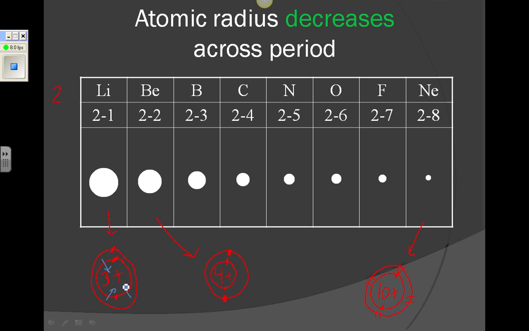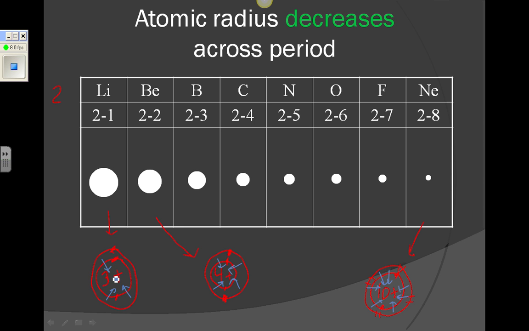As we go across the period, we're adding more electrons to the same energy level, the same shell, but the nuclear charge increases. So we get more attraction towards the center of the atom. The nucleus pulls the electron clouds inward, and the atom actually gets smaller because of the increased nuclear charge as we go across a period.